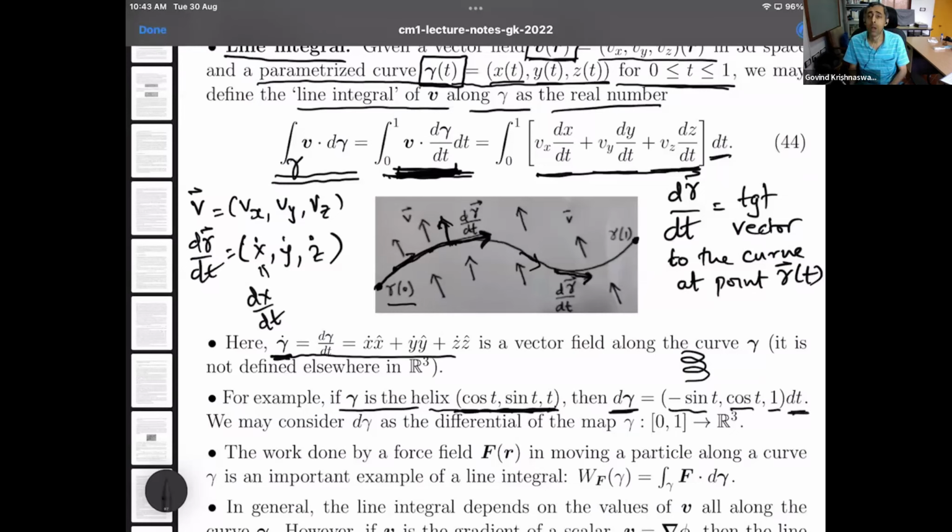When I differentiate a function of time, I will get the derivative times dt. This was how we introduced the concept of a differential. So we may regard d gamma as a differential of the map gamma taking the interval 0, 1 to R3. For those who are comfortable with this kind of thought process, it is here for you.